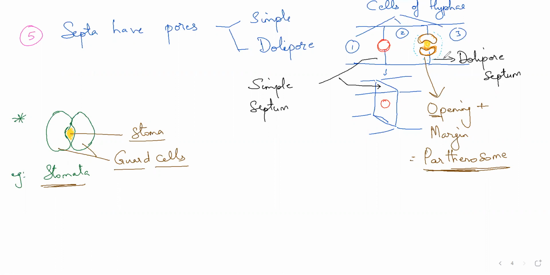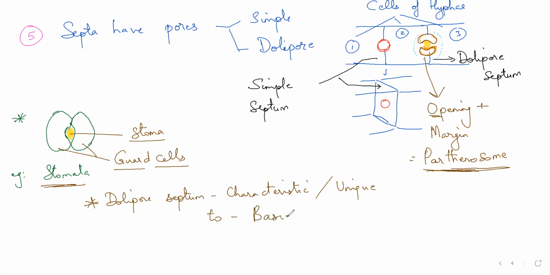This septum is known as dolipore septum. Dolipore septum is a characteristic feature of a type of fungi. It's characteristic, or you can say it is unique, specific, unique to Basidiomycetes. Basidiomycetes club fungi पढ़े थे हमने. Mushrooms. This is characteristic of Basidiomycetes.